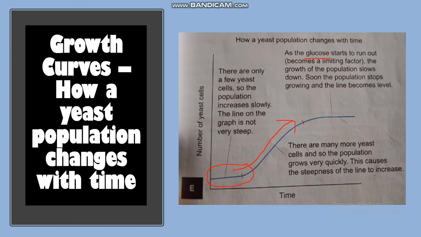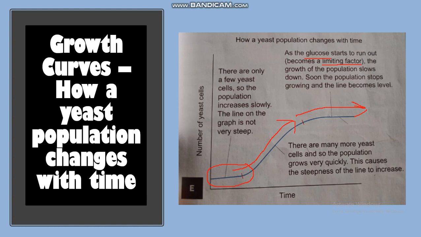That is why the graph becomes steep. But after a while, the graph is becoming level. Why? Because a lot of the nutrients are consumed and now are limited. So the nutrients act as a limiting factor.